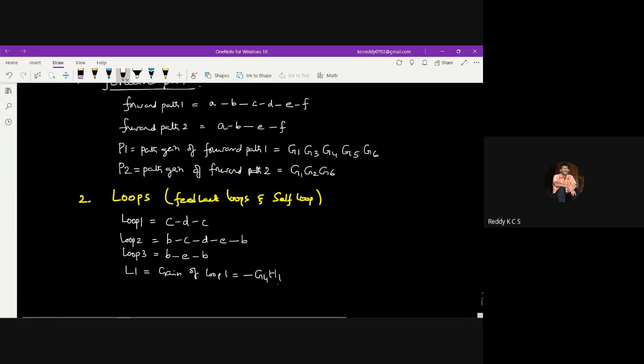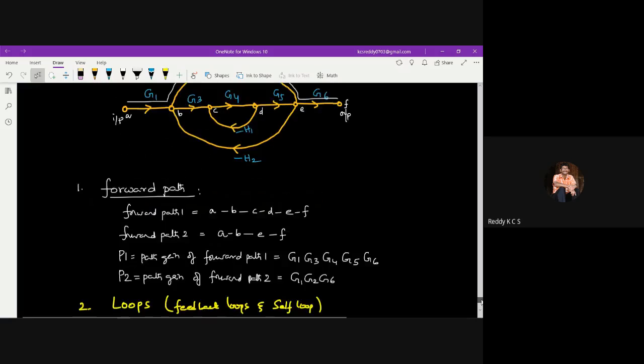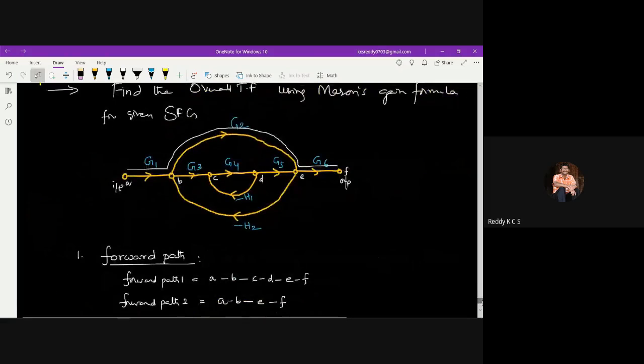Next, coming to the second one. So second loop is B to C, C to D, D to E, and then E to B once again. So G3 into G4 into G5 into minus H2. So the branch gains to be multiplied, that is G3 into G4 into G5. Then in this feedback path, I have minus H2.